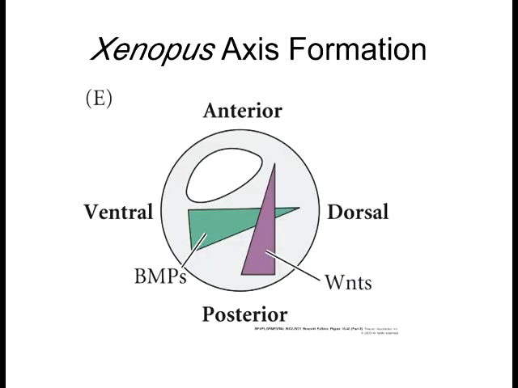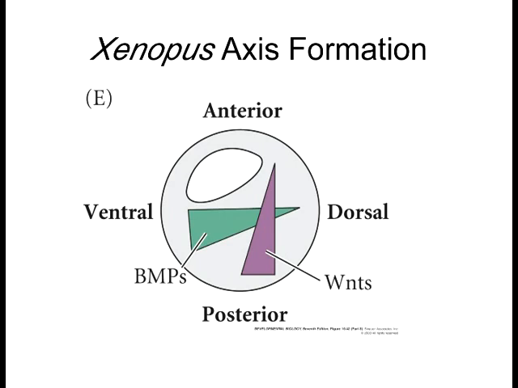However, one of the things I want to show you as far as axis formation is you get morphogen gradients. Here in the ventral region of the Xenopus, you get high levels of bone morphogenic protein, or BMPs, and then you get low levels towards where the dorsal end is at. Here in the posterior end of the Xenopus, you have Wnt signaling.